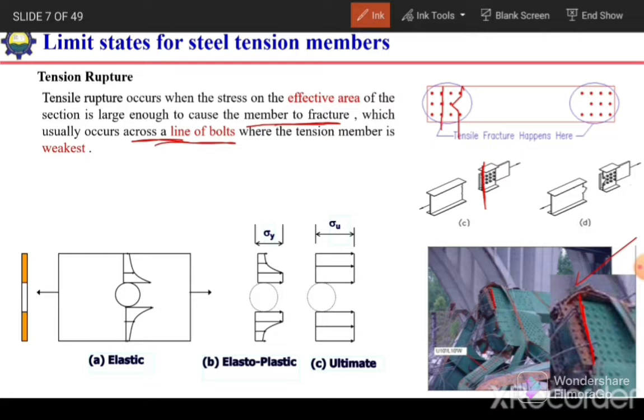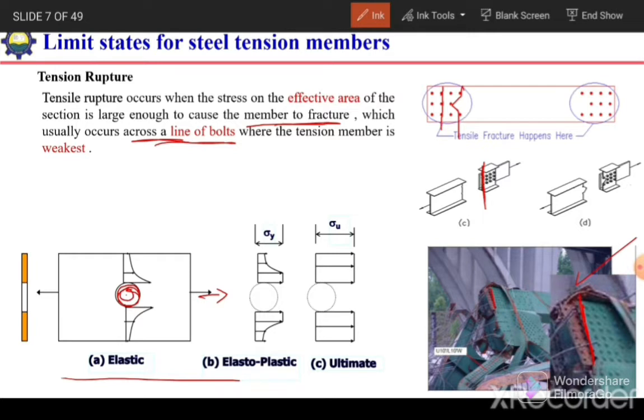For that we need to understand a concept from this figure. For example, we have a plate and we insert a bolt in this hole. When we apply the force over here, in this plate, in the surrounding of this bolt, there will be tensile stresses.